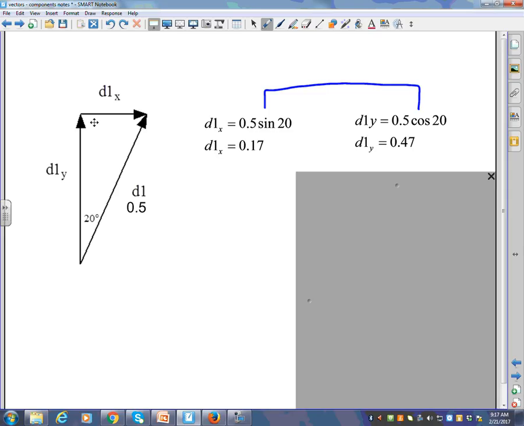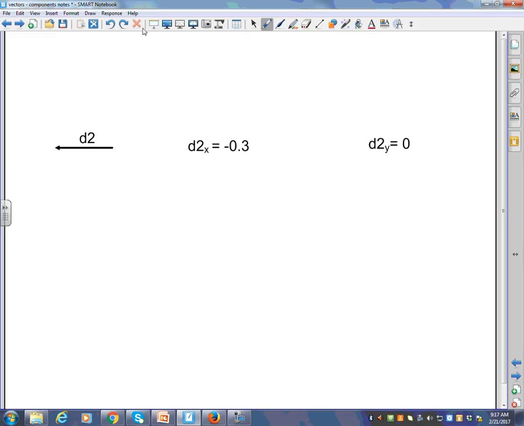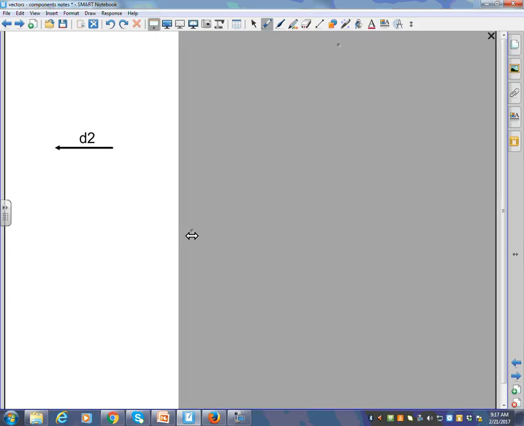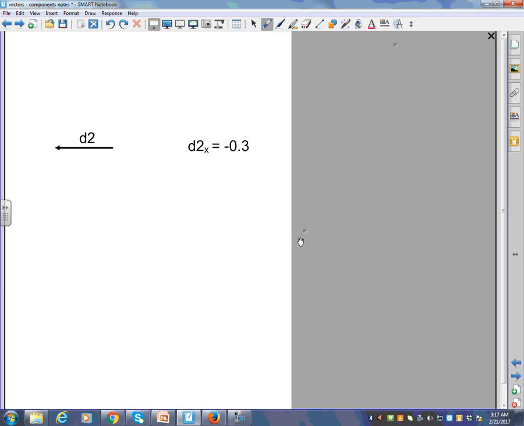Okay, so now we're going to do the same thing for D2, but D2 was straight left, right? Okay, so there's D2. Again, you don't need to draw it, just write this part underneath it. So D2 is straight left, so D2x is simply going to be minus 0.3, because that's the value of it.